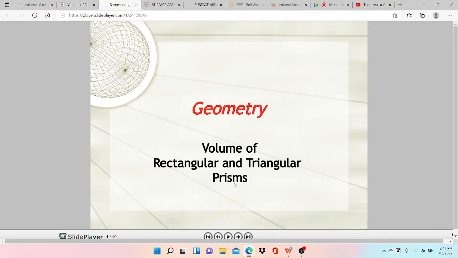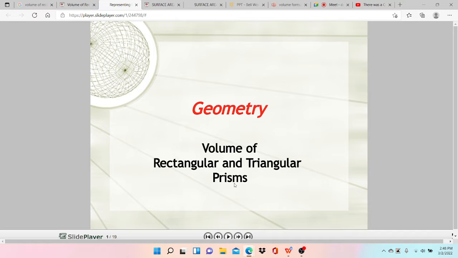Okay, let's have a quick review. I will ask an example of three-dimensional shape. Can you give an example of three-dimensional shape? Cone. What else? Cylinder. What else?